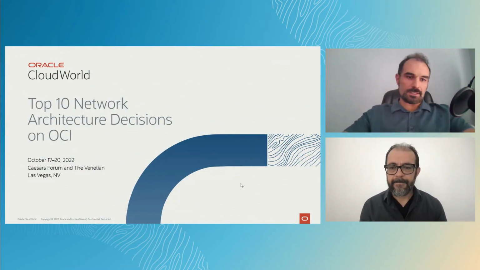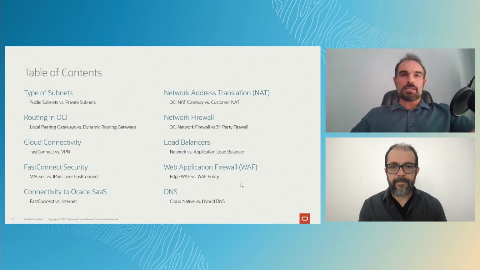So the session we're presenting today is about top 10 network architecture decisions on Oracle OCI. These are the decisions that every network engineer or architect, when they are architecting solutions on Oracle OCI, at some point need to make. For this session, we're going to start with subnets. We're going to talk about routing on OCI.